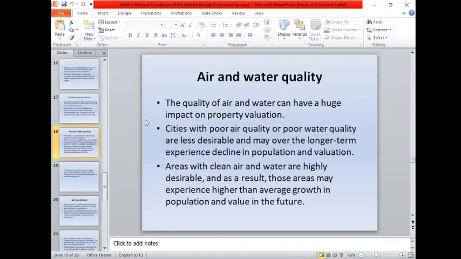And third, whether we can sell it or someone can buy the property. Okay, that's why there is a long-term sustainability on this air and water.